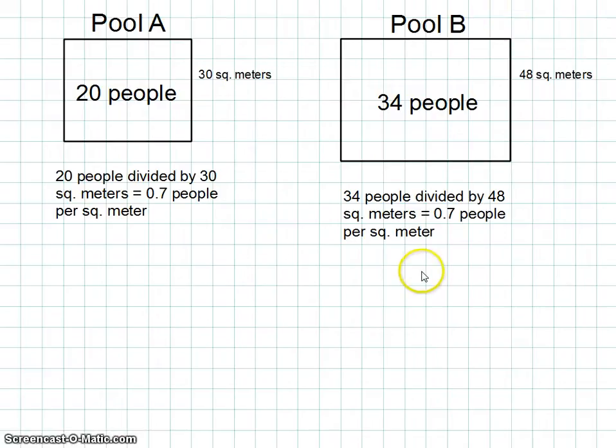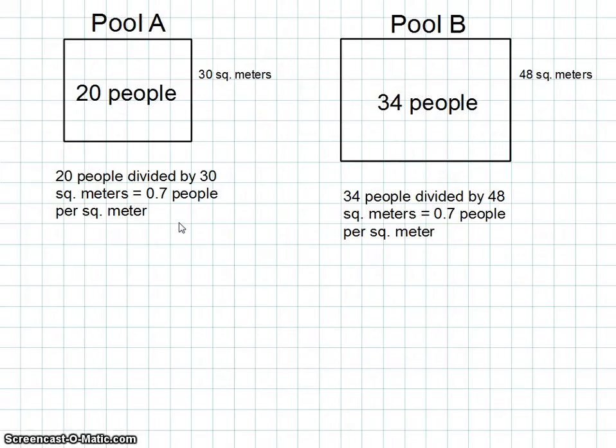So for pool B, there is going to be 0.7 people for every square meter if we divide the number of people equally into each square meter.